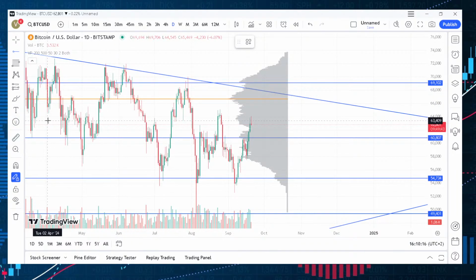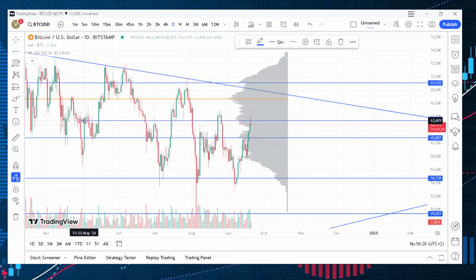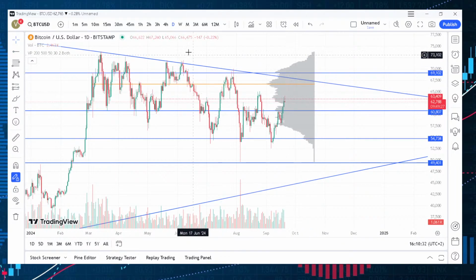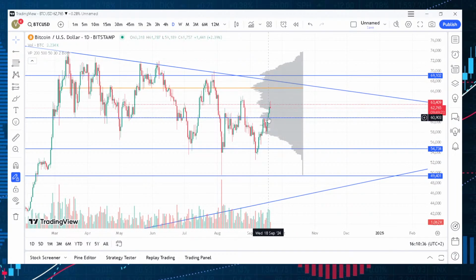If we invalidate this level right here, right there, that's where the harmonic pattern shows strength. So we're going to make that a dotted line, because that's what the harmonic pattern says. Wait, this is an area with lots of liquidity.